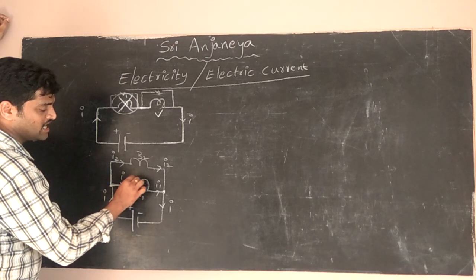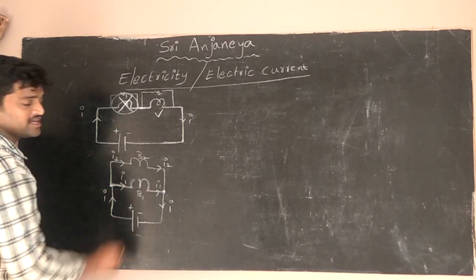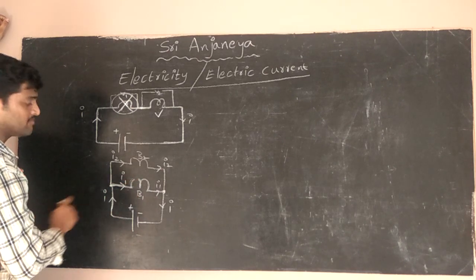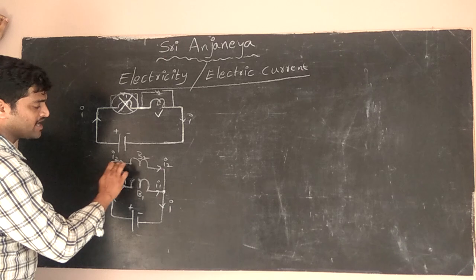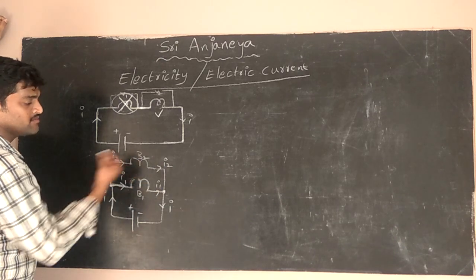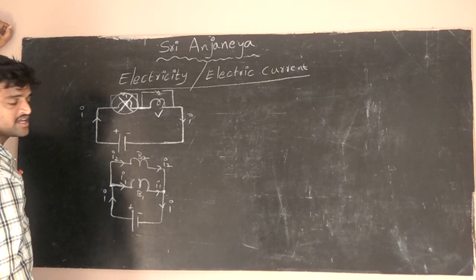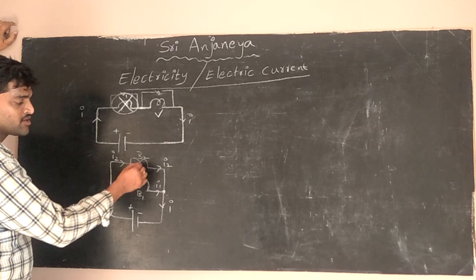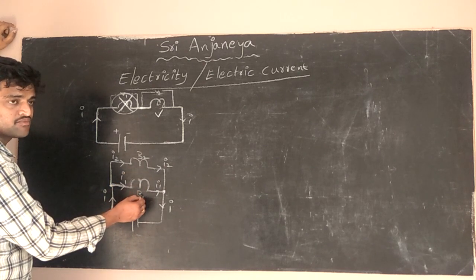The current in this wire will not flow, but the current in the other wire will flow as usual, and this bulb will glow. There is no problem for the glow of bulb B2 when bulb B1 is broken.